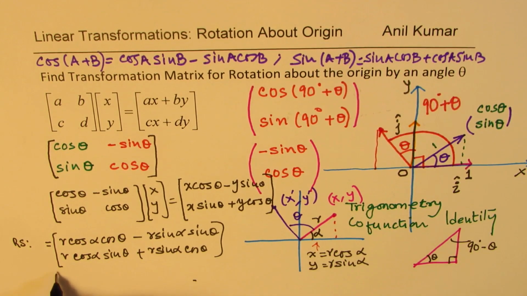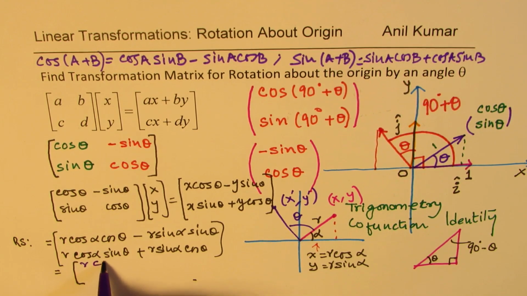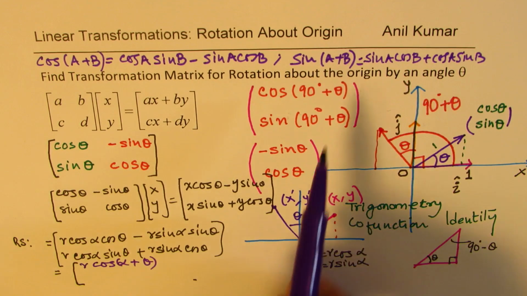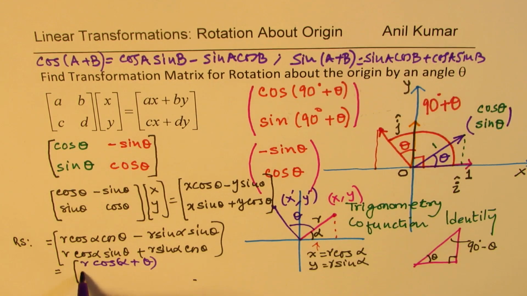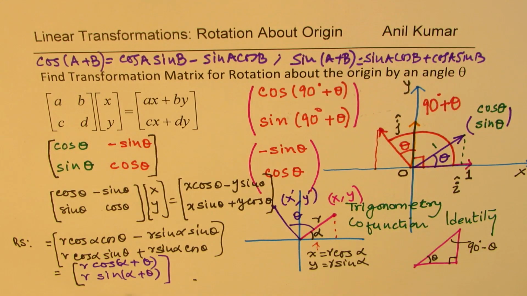I could write this as r times cos(alpha plus theta), and for y the sine(a plus b) formula, r times sine(alpha plus theta). So that is the result. Clearly we have done a rotation of theta on the initial angle of alpha using this matrix. Is that clear? Perfect.